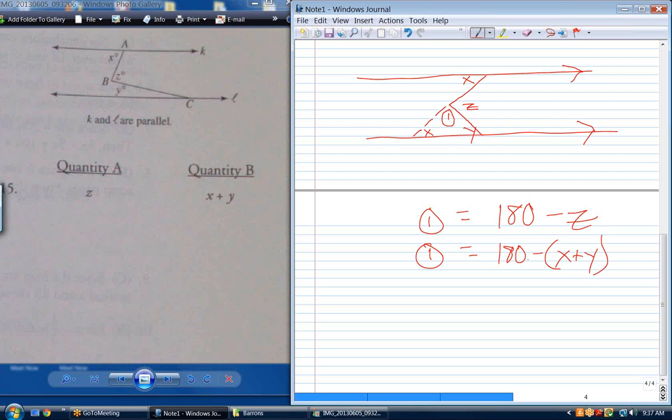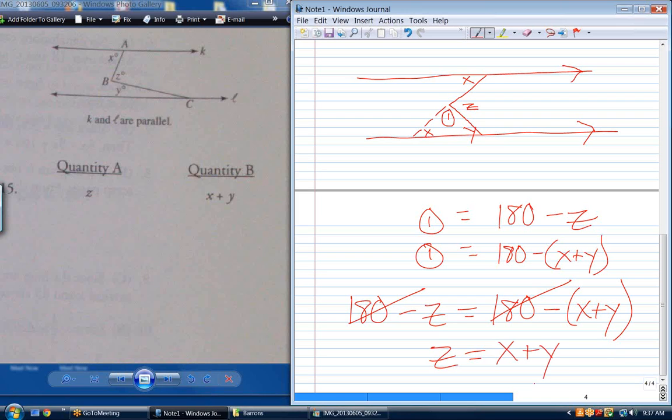So angle 1 equals 180 minus X plus Y. Well, since angle 1 equals this and angle 1 equals this, we set those equal to each other. I can cancel that. I can cancel that. I can divide both sides by -1, and I get Z equals X plus Y.